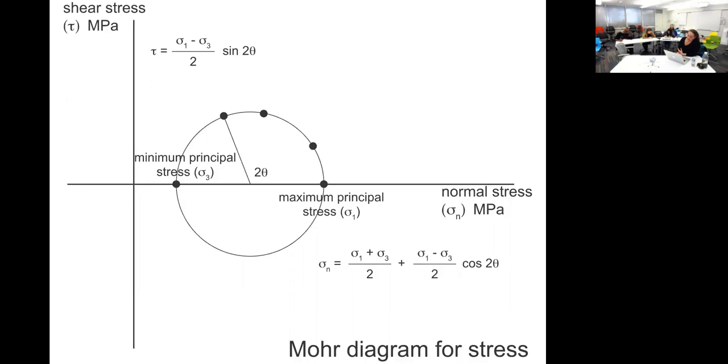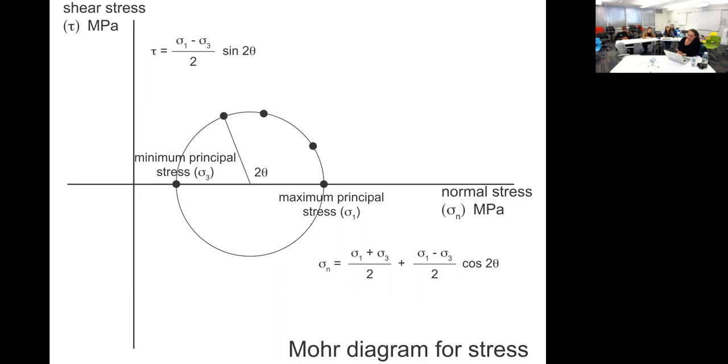But within the stress conditions represented by sigma 1 and sigma 3, we can have any fault of any orientation plotted on there. We just plot it according to its angle relative to the maximum and minimum principal stress. And so one radius here that I've put on the diagram represents one potential fault orientation.